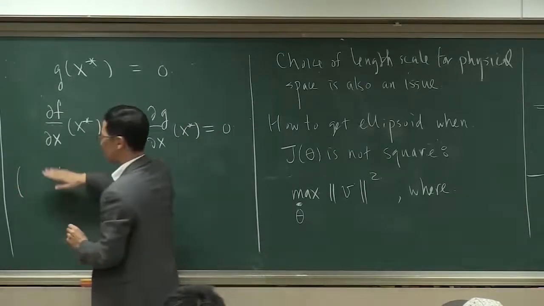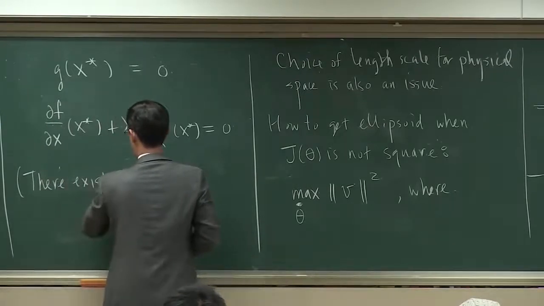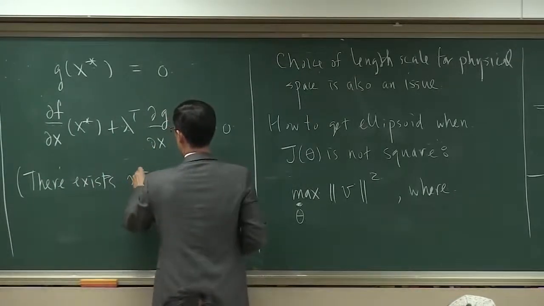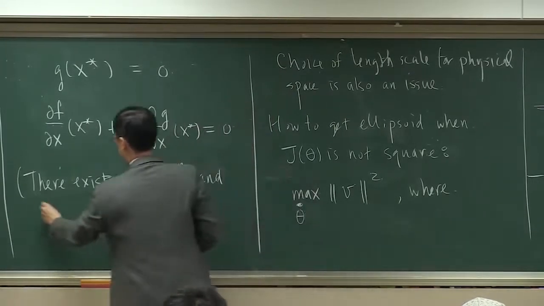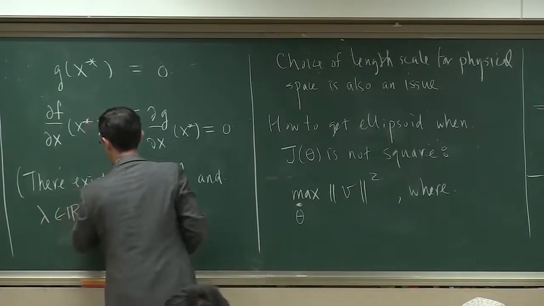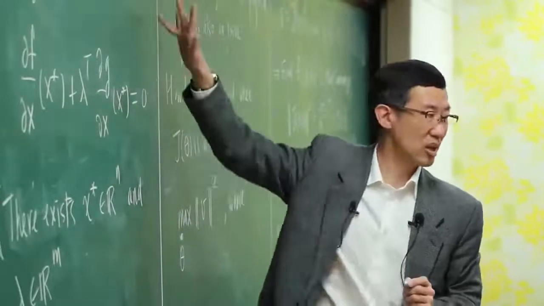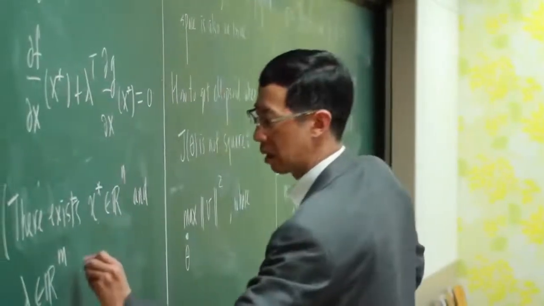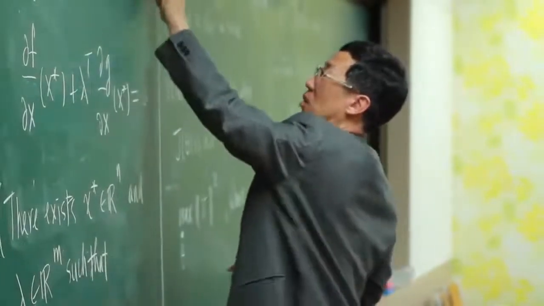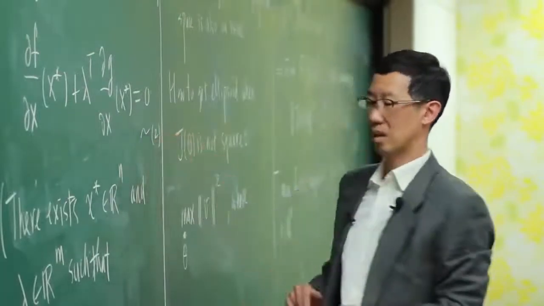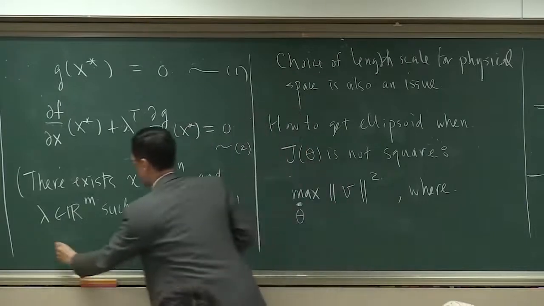What this is saying is that there exist x star, n-dimensional, and this lambda, m-dimensional, such that these two equations are satisfied. Let's call them equation 1 and equation 2.